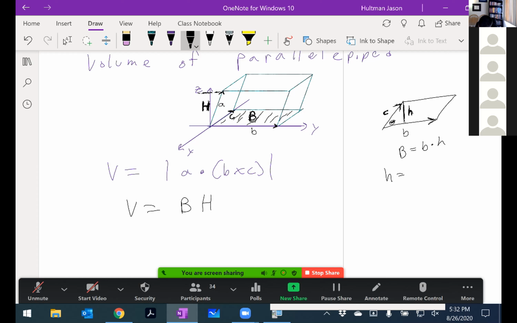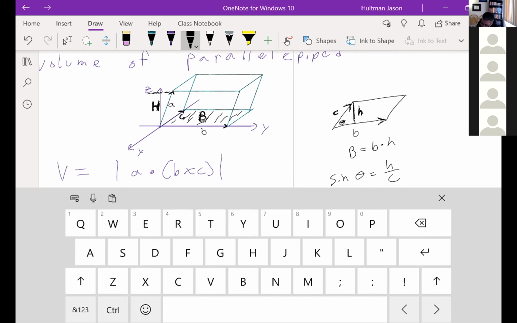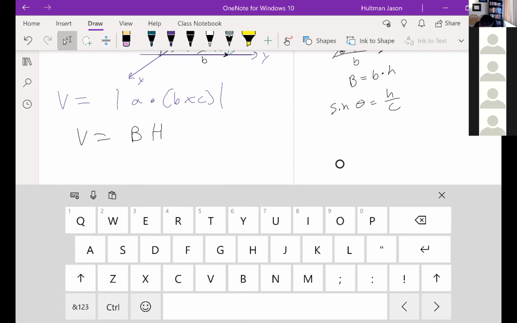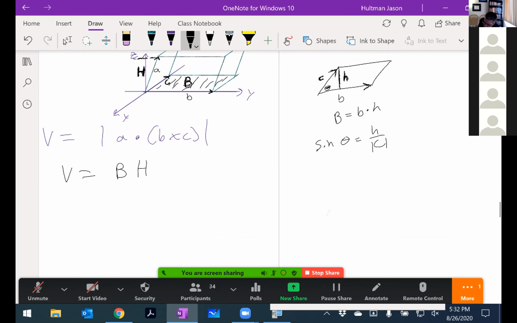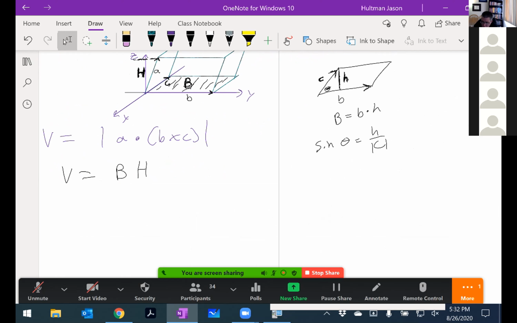And so how would I find h? Well, isn't the sine of theta equal to h over the magnitude of C? Does that make sense? And again, these are magnitudes. This is the magnitude of C. Right? Does that make sense? That's the length of C. It would be h over the magnitude of C. So what would h be? Wouldn't h be equal to the magnitude of C times the sine of theta?